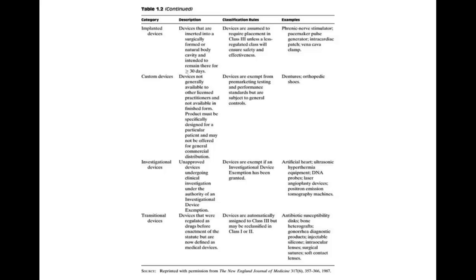Implanted devices are always assumed to be class 3, and this might be pacemakers, things like that. Custom devices would be orthotics, dentures. They're exempt from pre-market testing, but they are subject to general controls. Investigational devices are also exempt.